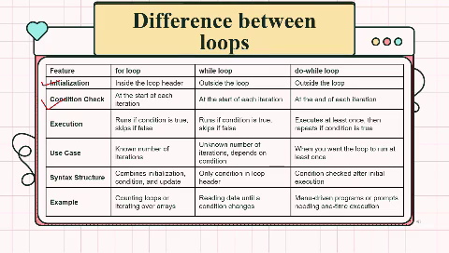After that, the next is the execution part of the loop. The for loop and while loop execute the certain lines of code written in them until the condition becomes false. The key difference between these two loops is that the for loop is used when the number of executions is known to us.